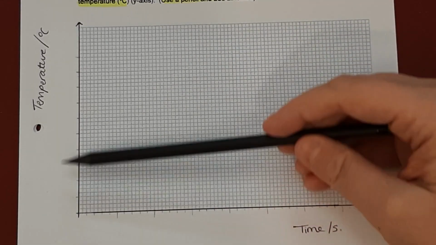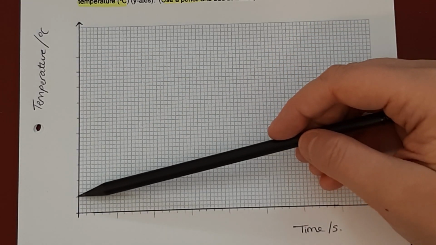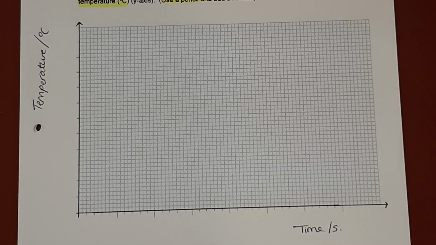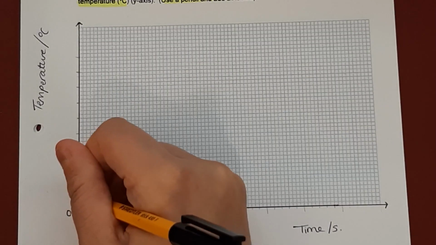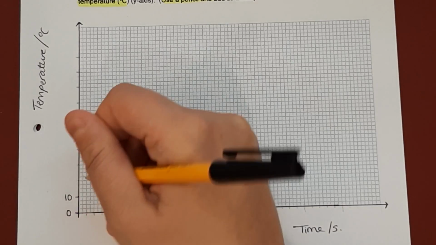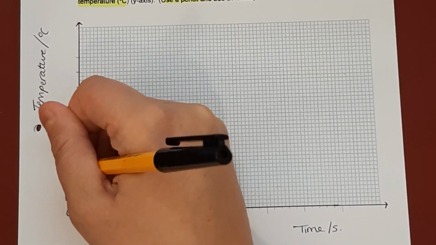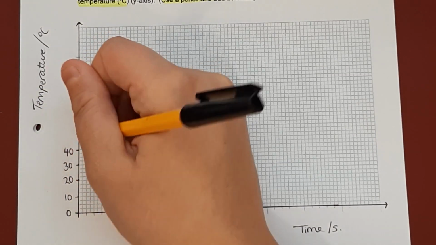Unfortunately, we've had to make it a slightly shorter scale, so every 4 squares is going to be 10 degrees. So every square is worth 2.5 degrees Celsius. So let's label that on our graph. We'll start out with 0, and then 4 squares later we've got 10, 4 more squares, 20, 30, and each one is 4 squares apart.